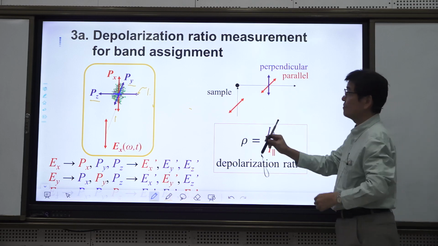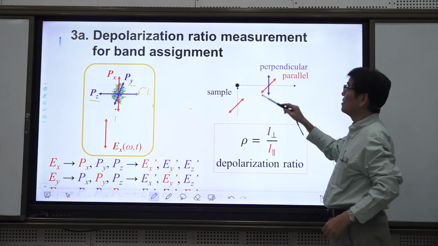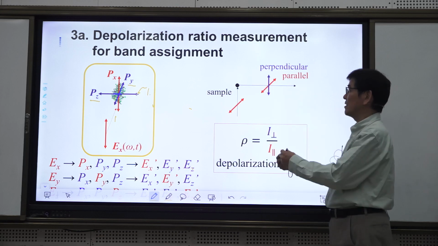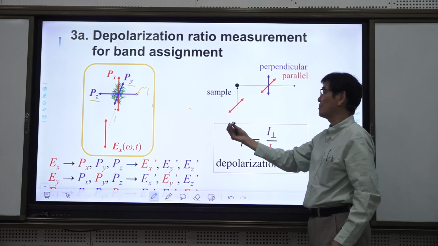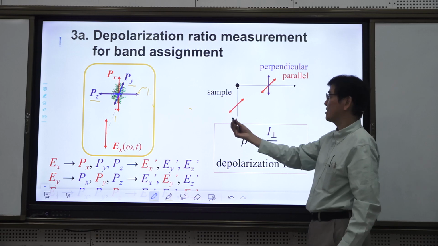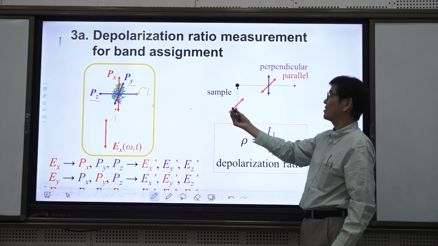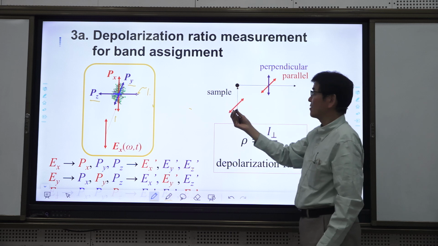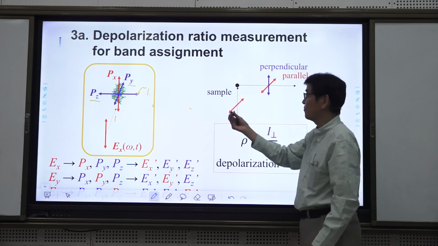This is measured like this. Let's irradiate the sample from the bottom, with polarization in this direction going to the sample. So this is X polarization.